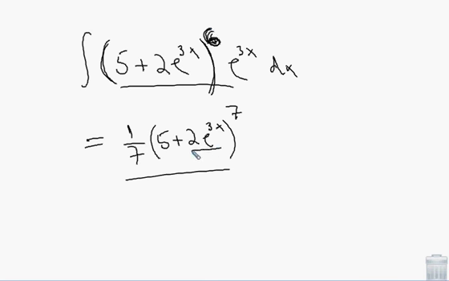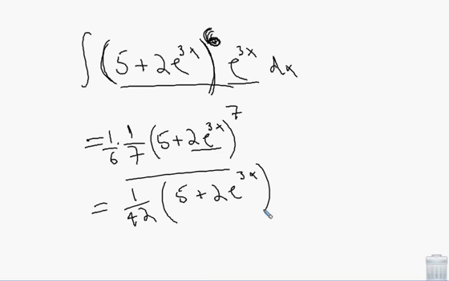The derivative of 2 e to the 3x is 6 e to the 3x. We have the e to the 3x, but we don't have the 6, so we need to multiply by 1/6 to cancel that out. And so the final answer is 1 over 42 times 5 plus 2 e to the 3x to the 7th plus c.